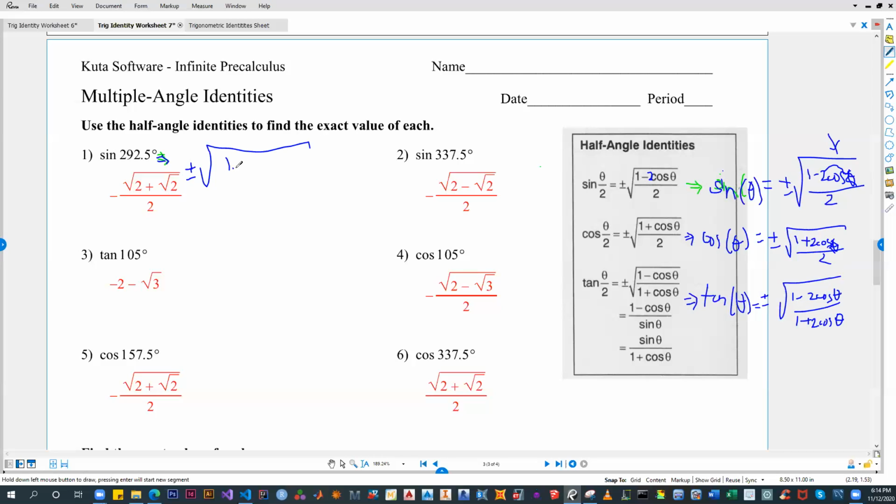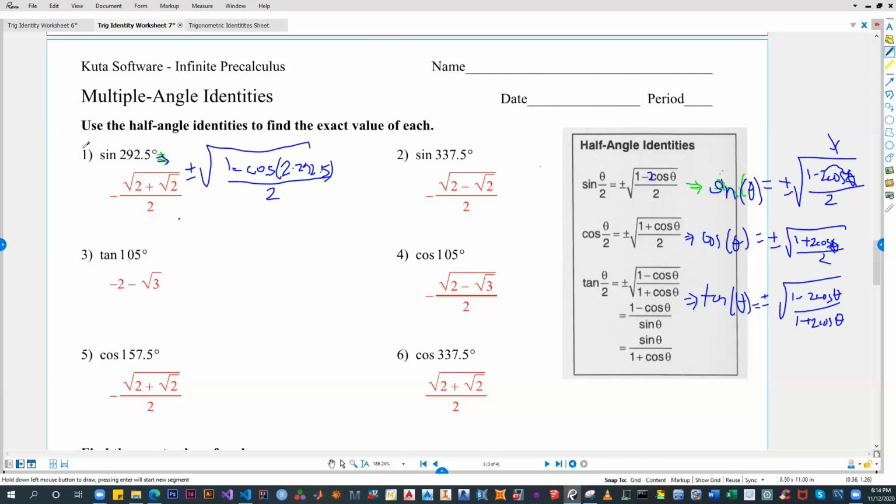So 1 minus cosine of 292.5 times 2 over 2. So what is that? 292.5 times 2. It's 585.